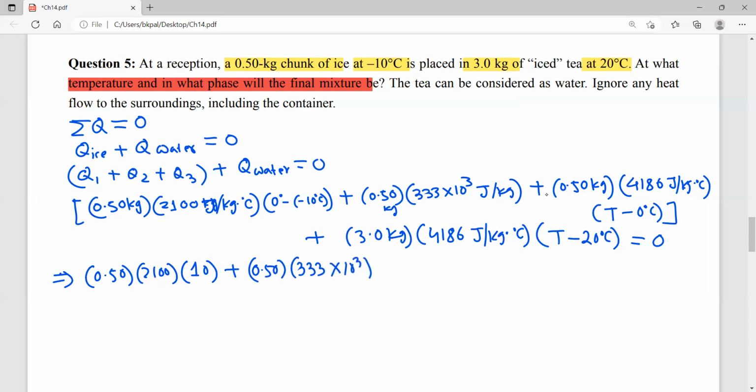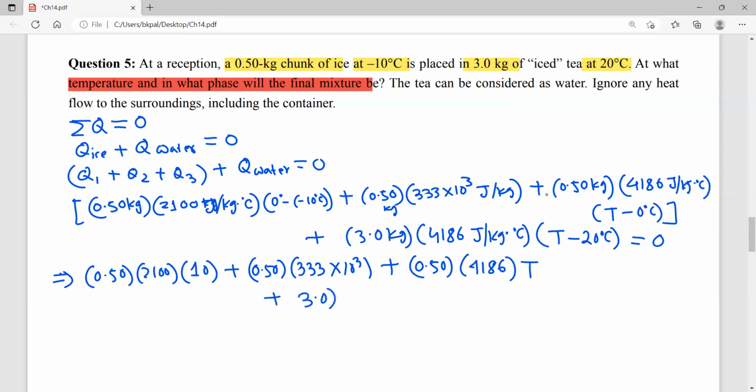Okay, third term is also simple. That is just T. And fourth term is basically two terms. So now we have to write two terms for water, one for T, another for 20 degrees Celsius.